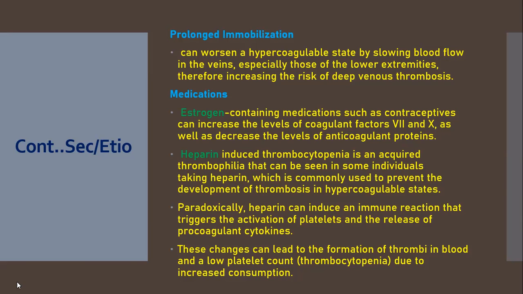Heparin also induces an immune reaction that triggers the activation of platelets and the release of procoagulant cytokines. And these changes can lead to formation of thrombi in blood and low platelet counts.